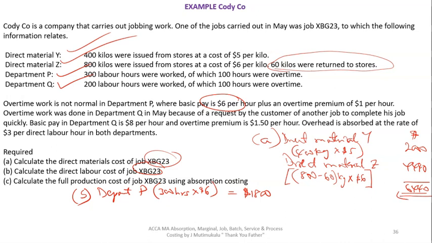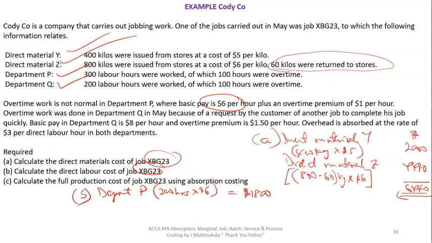But what we know is within the overtime, there is basic pay and overtime premium. So the direct labor cost is the basic pay component within the normal hours and the overtime hours. So they come to 300 hours altogether.